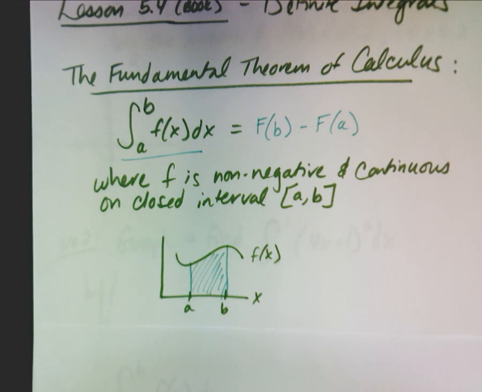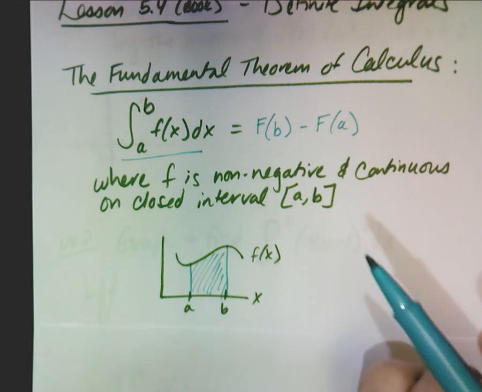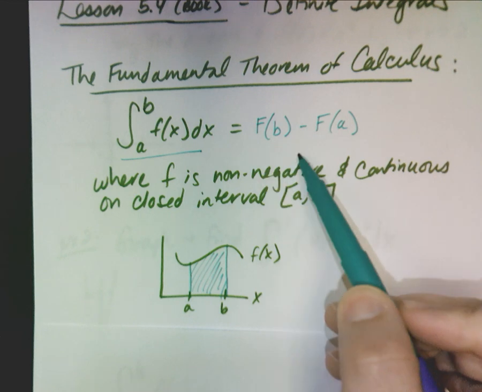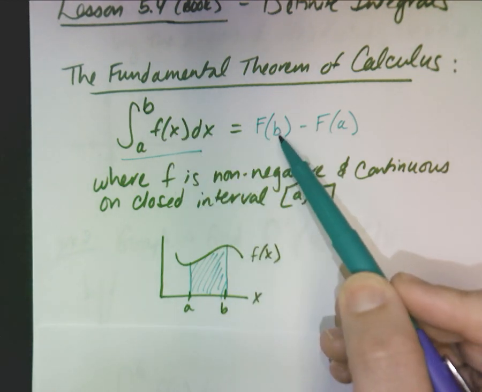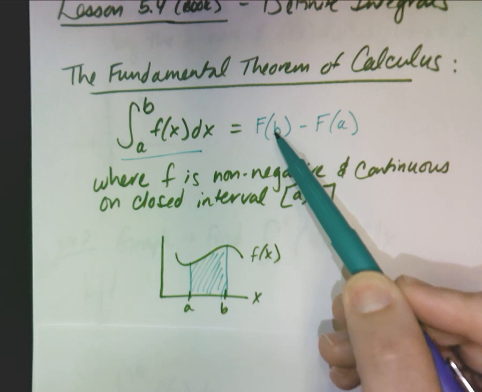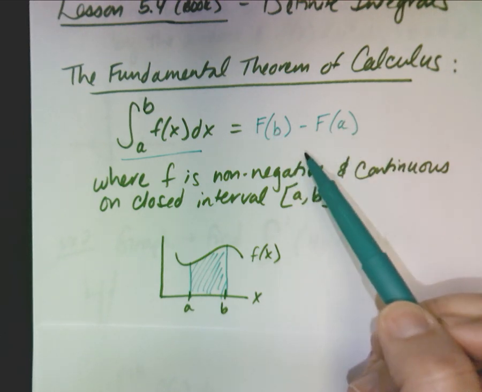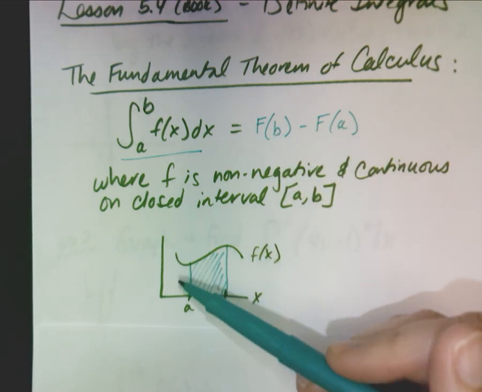And that's what we did all of the first part of this chapter. We did Riemann sums. But the fundamental theorem of calculus actually allows us to take the integral and substitute b and substitute a in and subtract. And we can actually find that area.